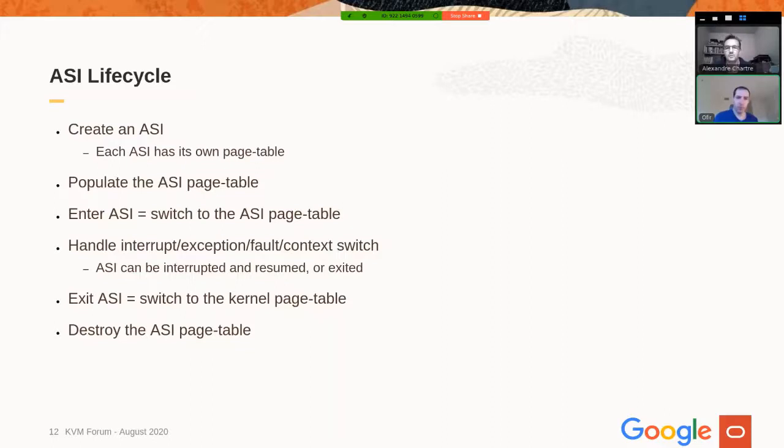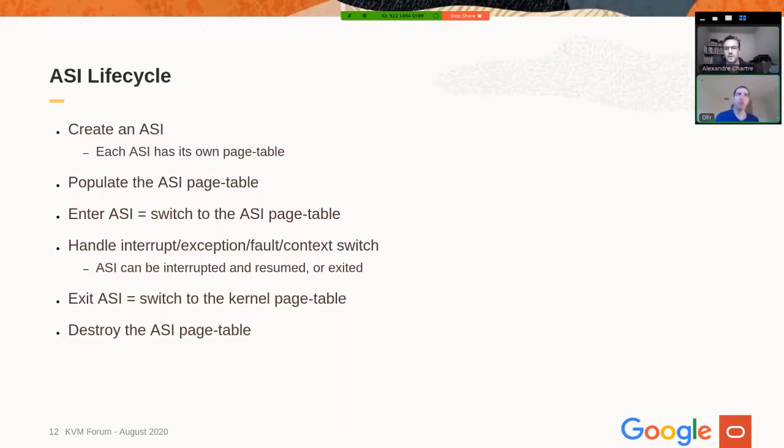When you enter ASI, that's an explicit command, and it will switch from the kernel page table to the ASI page table. Once we're running with the ASI page table, we still obviously need to be able to handle interrupts and exceptions before the context switch. Sometimes to do that, we'll need to interrupt the ASI and maybe resume, depending on the context.